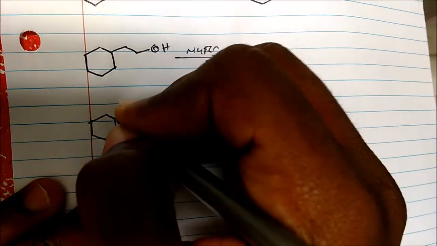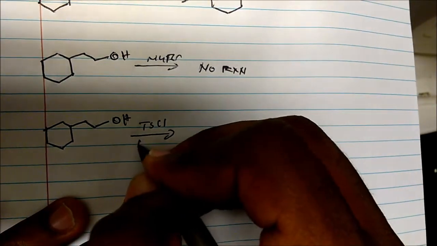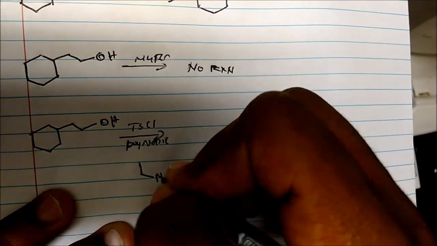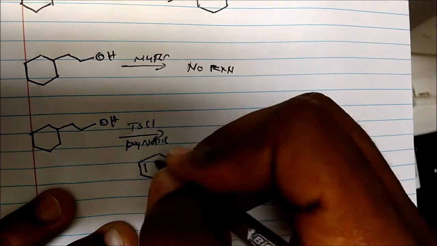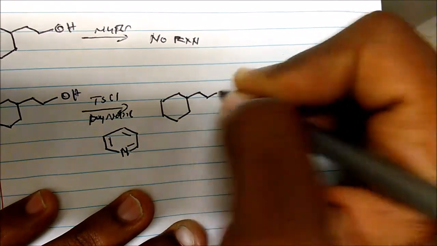But if I wanted this reaction to occur, what I could actually do in the first step is add my tosyl chloride in pyridine. And if you want to know what pyridine looks like, just say mild base. This is what pyridine looks like. Reacting this alcohol with this, here's the product that it would give me. I'm just reiterating this.